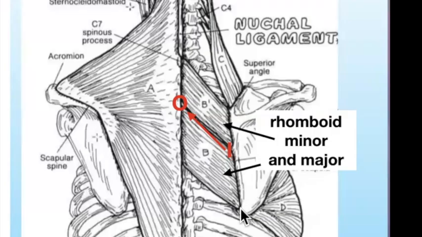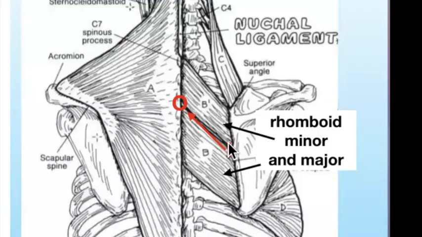And these muscles lying between the spinous processes and the medial border, you can see how their contraction would pull the scapula towards each other. Again, like standing in a military posture, throwing your shoulder blades together.